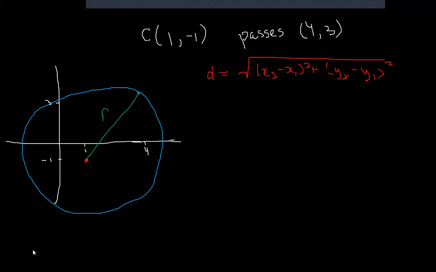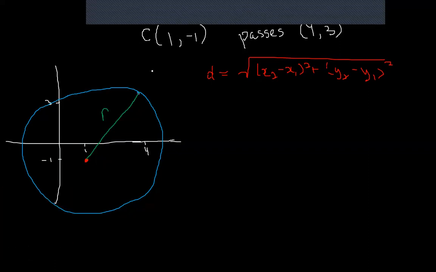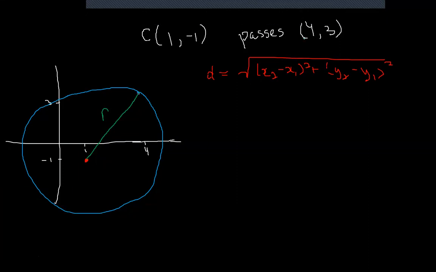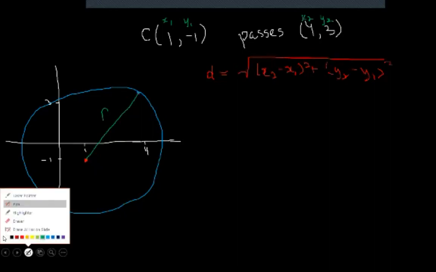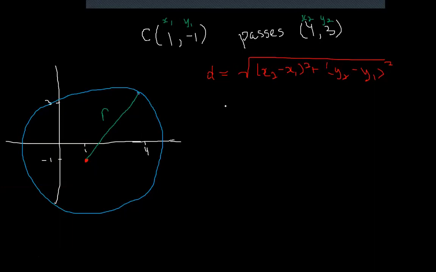For this question, I want this point here to be my x2 and y2, and this to be my x1 and my y1. But remember, they're interchangeable. This is just how I want to do it.